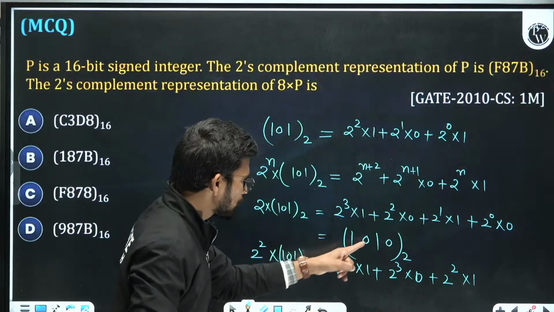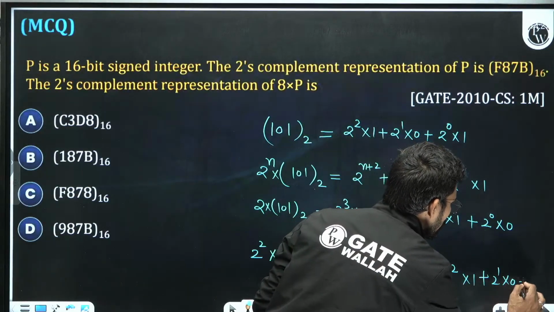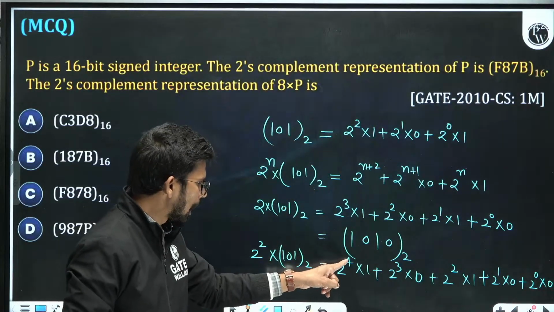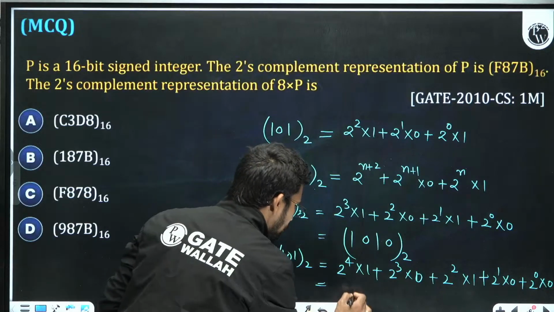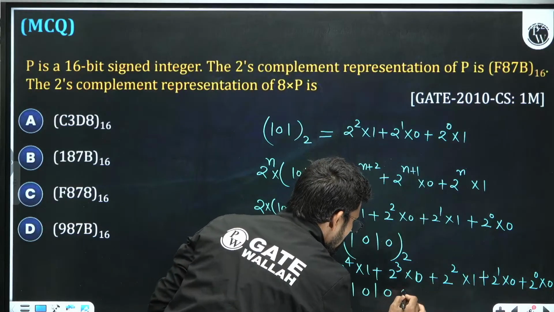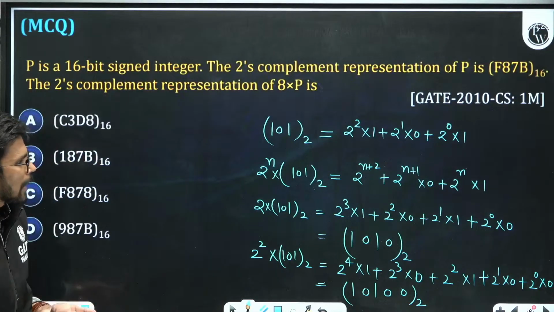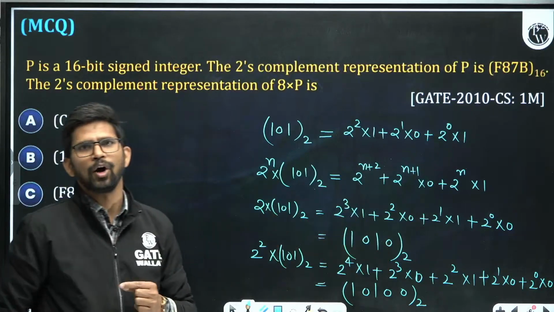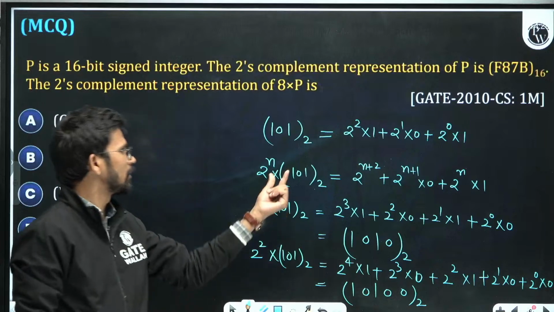Now I can write 2 to the power 1 into 0 plus 2 to the power 0 into 0, because the power is decreasing and goes up to 0. So this is 1, 0, 1, 0, 0. This is the number after multiplication. So what is happening? If I multiply by 2, one 0 is added on the right side. If I multiply by 2 to the power 2, 2 zeros are added in the number.